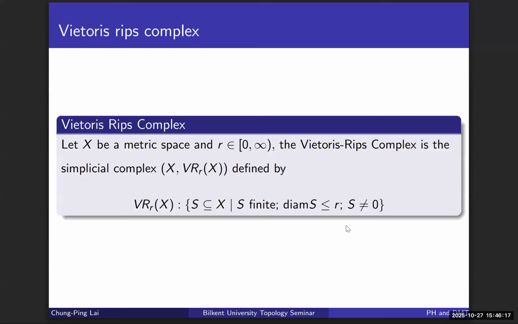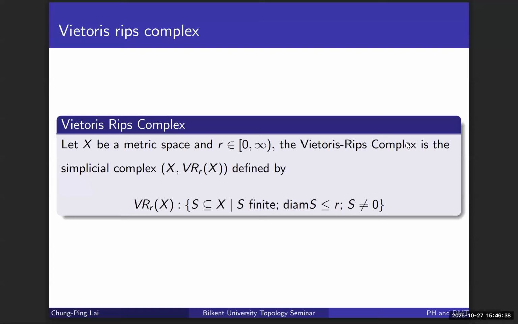So let me quickly define this Vietoris-Rips complex. Let X be a metric space, and then we choose a radius value R from 0 to infinity.